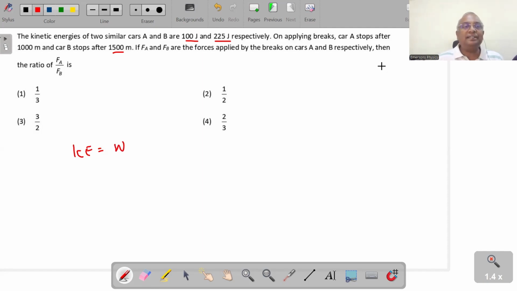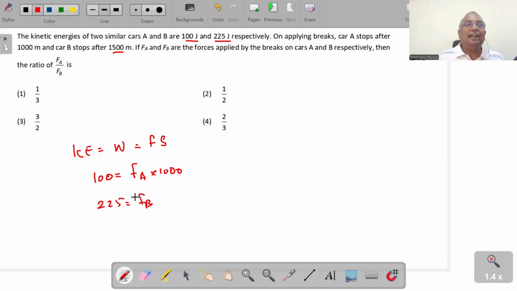Kinetic energy is, first case, kinetic energy is 100 joule. Work done is FA into S. It traveled, work done is equal to F into S. So it traveled a distance 1000, FA into 1000. This is for the first case. Second case, kinetic energy is 225 equal to force FB.